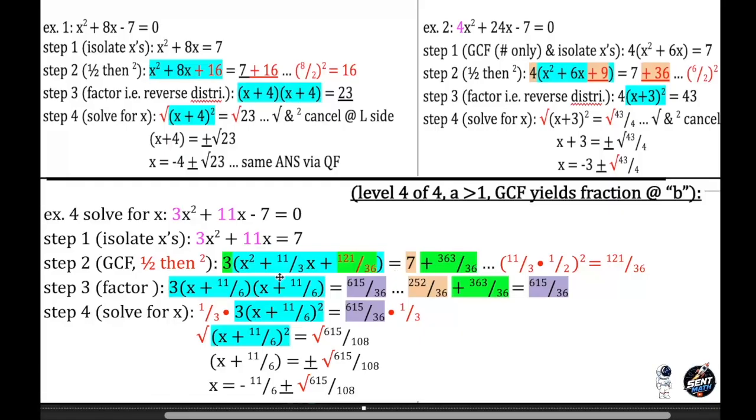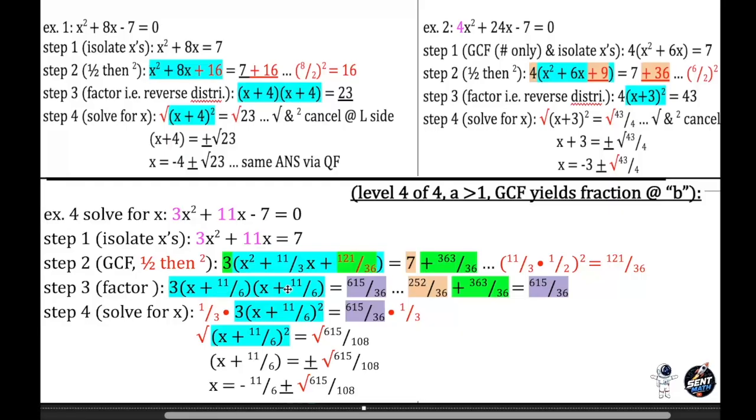Going on to the next line, I rewrite this parentheses into x plus 11 over 6. I combine these two, first by rewriting 7 into 252 over 36, and I combine these to become 615 over 36, which is right here.